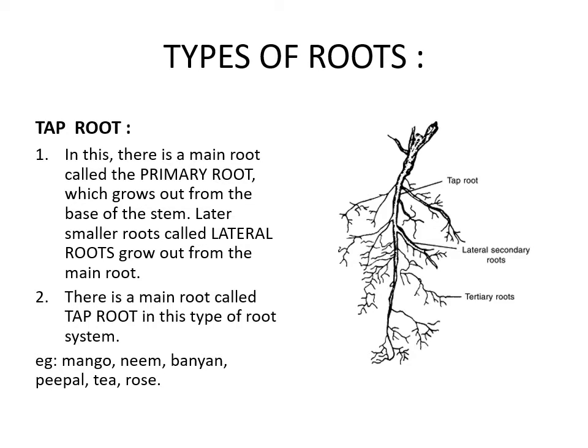Later, smaller roots called lateral roots grow out from the main root. In the taproot system, there is a main root called the taproot or primary root. Example: mango, neem, banyan, peepal, tea and rose.